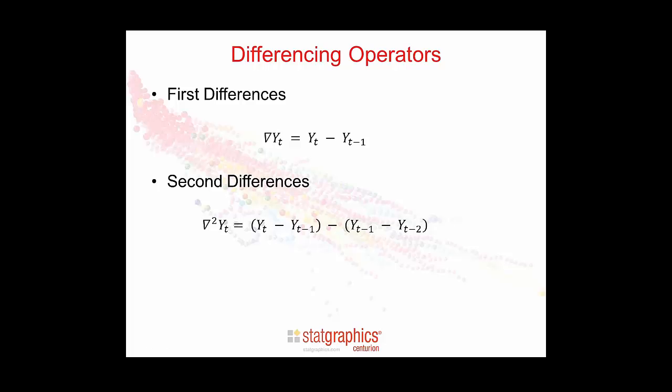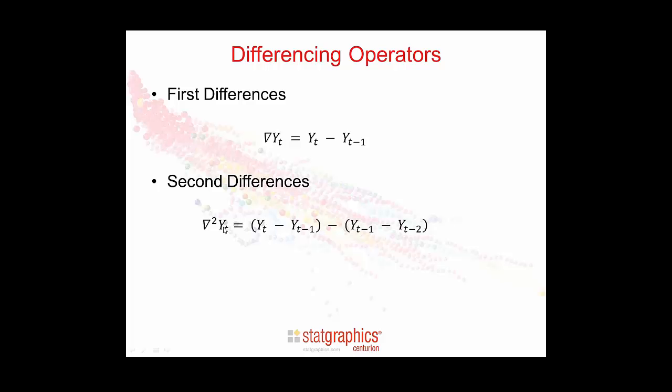It's also helpful at other times to look at the second differences. The second differences of a time series are the differences of the differences. Okay, and I apologize, I see the notation changed a little from my first slide to the second. I meant to use this notation here. Delta y sub t, the change from one time period to the next, is the first difference.